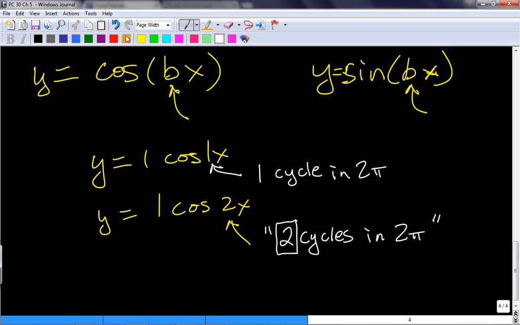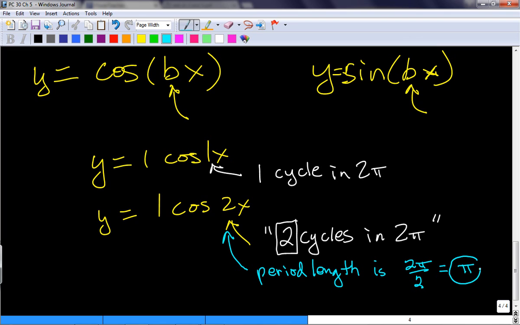The other way you can think about it is the period, or we're going to call it period length, a lot of times as well. The period length is now, because there's 2 cycles in 2 pi, the length for 1 cycle is 2 pi divided by 2, or just pi. So that means that 1 cycle covers a span of 1 pi, not 2 pi.